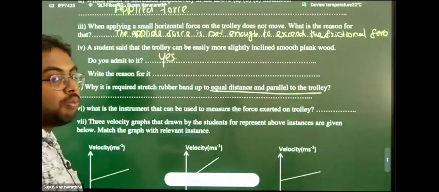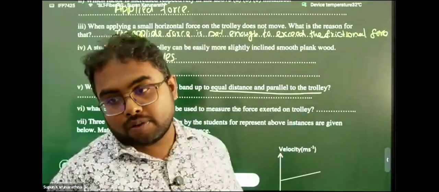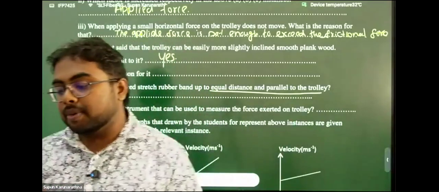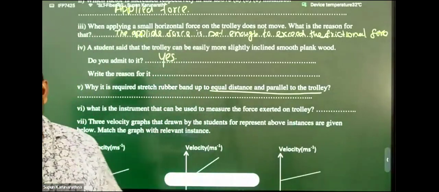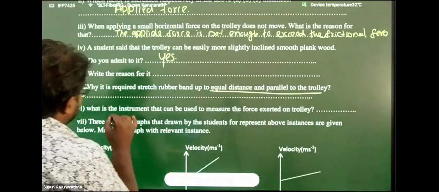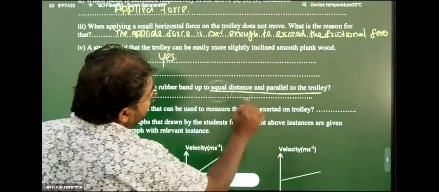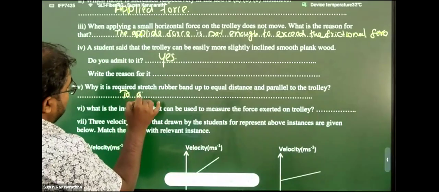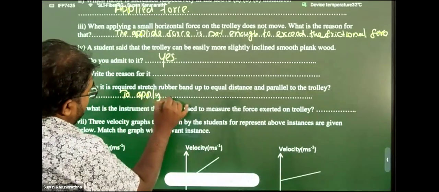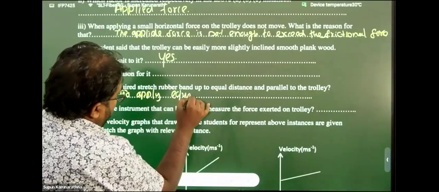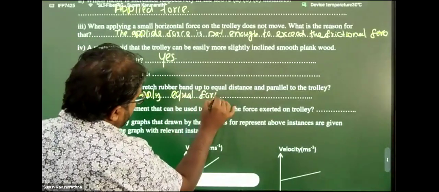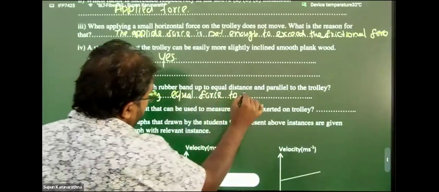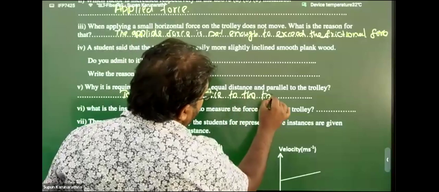So why? To provide an equal amount of force in each of the instances, making it apply equal force on the trolley. To apply equal force to the trolley.